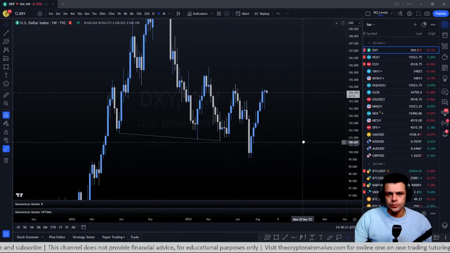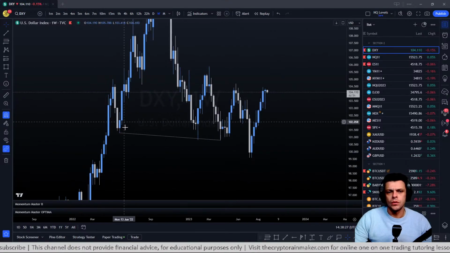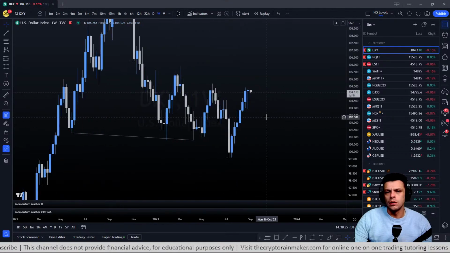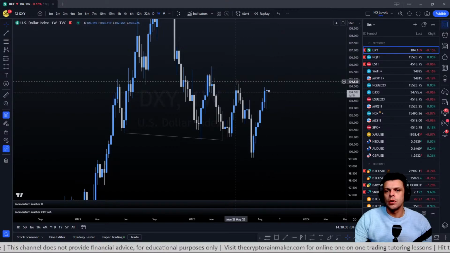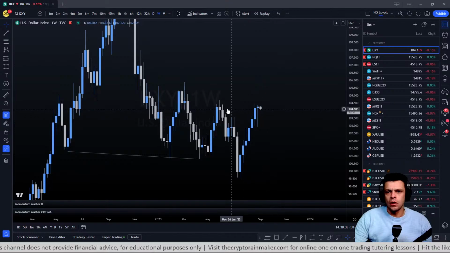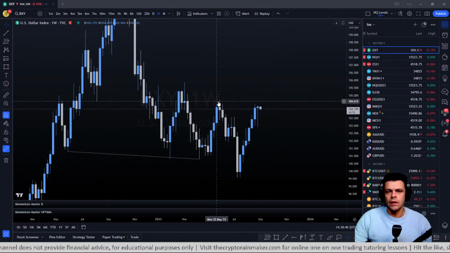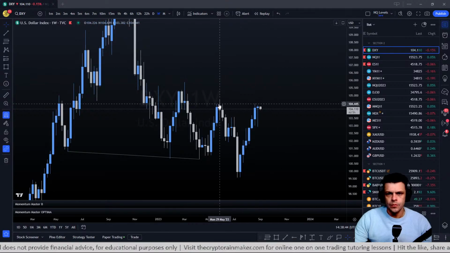So the larger players absorbed all of these stop losses for people that were still long, and now obviously they need to pair these long positions with buy side liquidity. To me it seems likely that the dollar will continue to gravitate towards these highs. So let's mark that off.